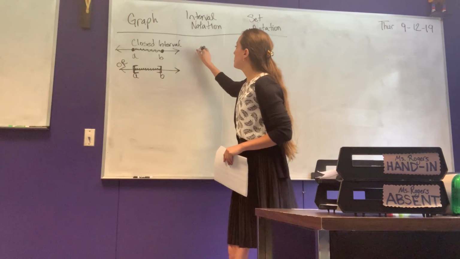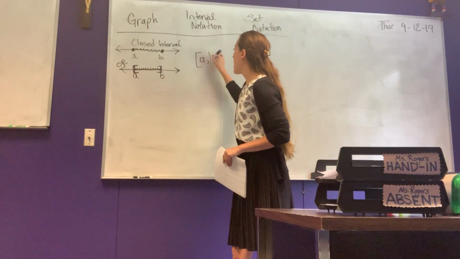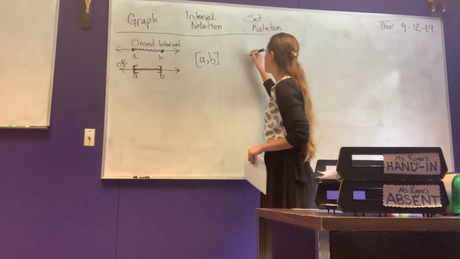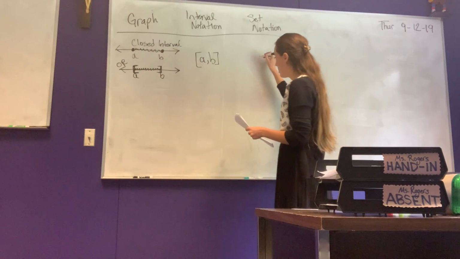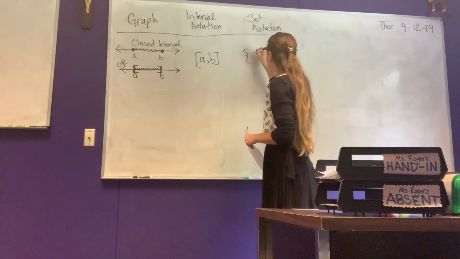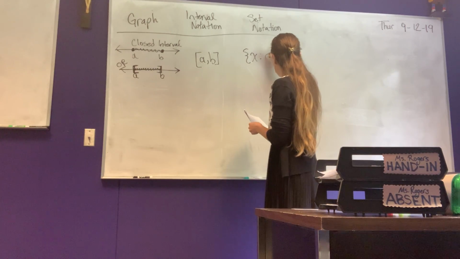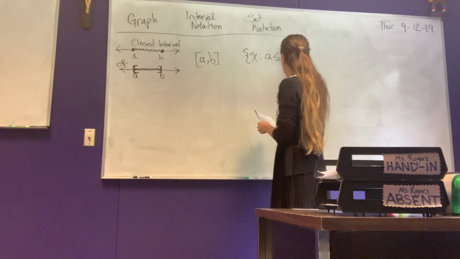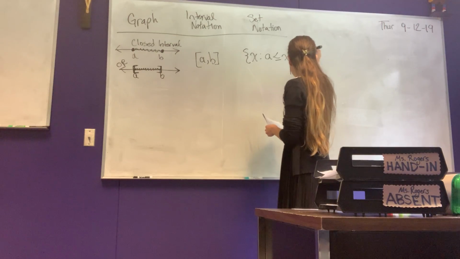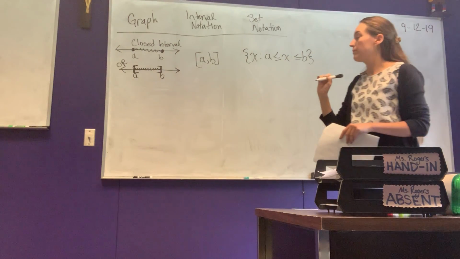In interval notation, it's that closed bracket, A comma B, closed bracket. And in set notation, we're using the set bracket, X for A less than or equal to X, less than or equal to B, close your set bracket.